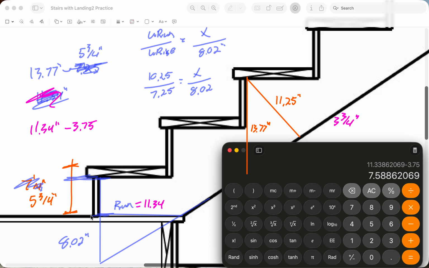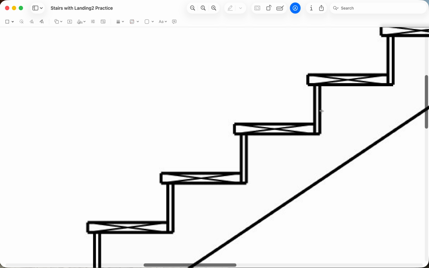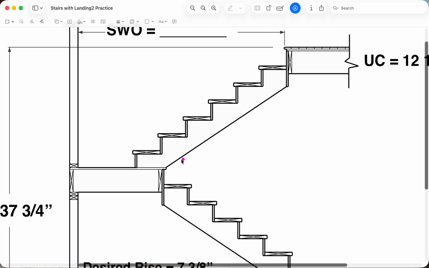So what we'd have to do is extend the length of the landing by an additional basically 7 9/16 of an inch, and that would make sure we have full bearing of the tread on the landing, and it would make sure that we have the proper distance to have enough headroom.